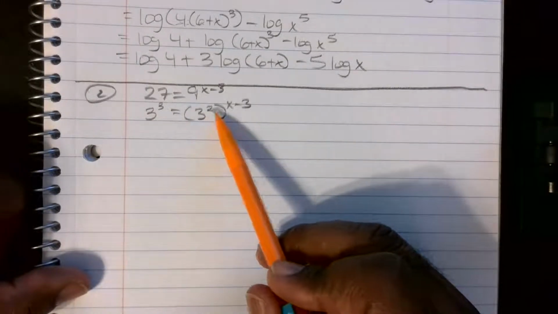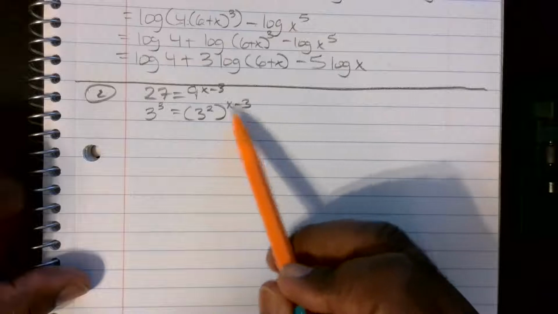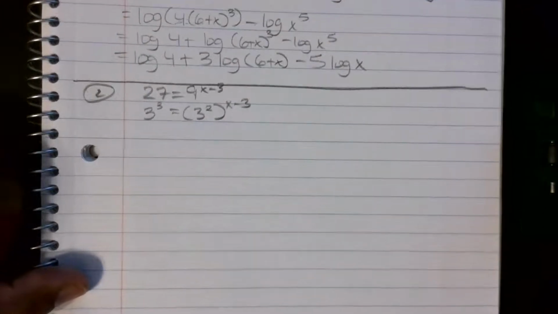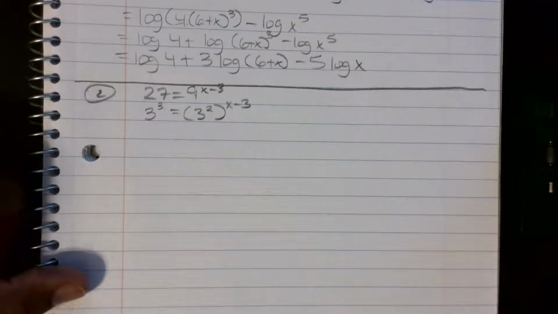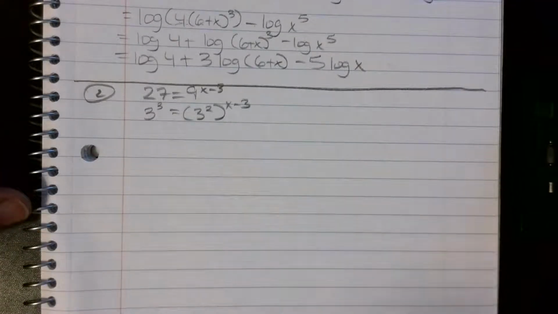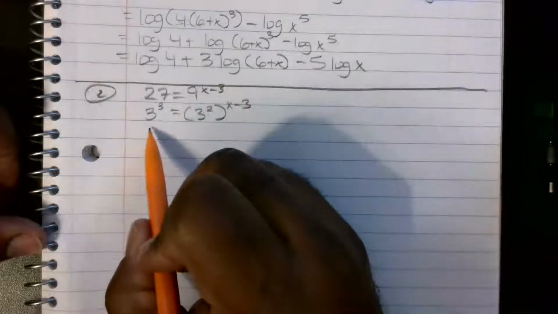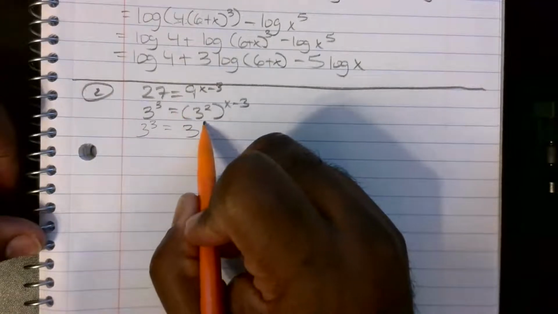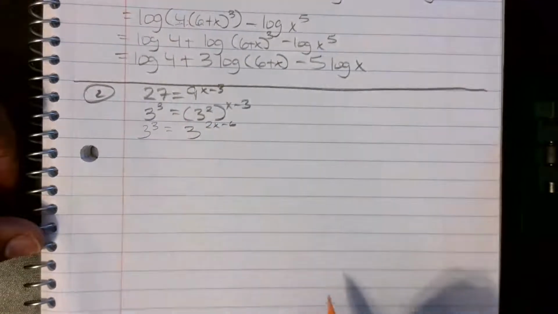We multiply this 2 times all this out here, because when we're doing power of a power, you multiply the exponents together. So this becomes 3 cubed is equal to 3 to the 2x minus 6.